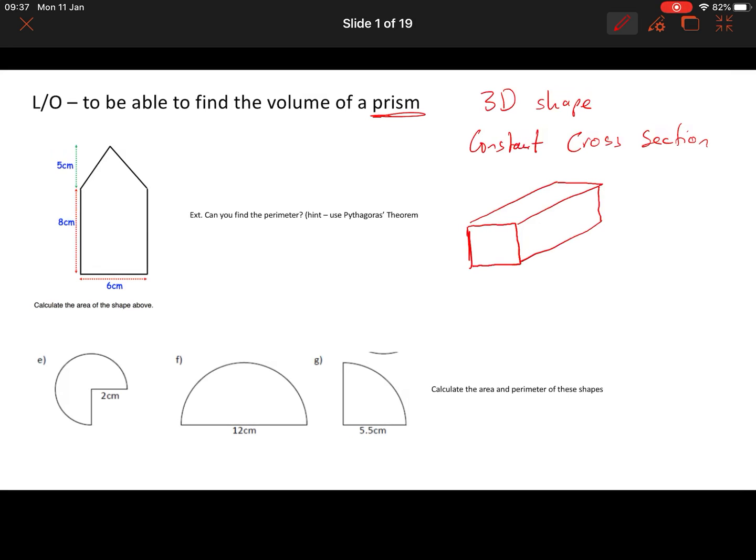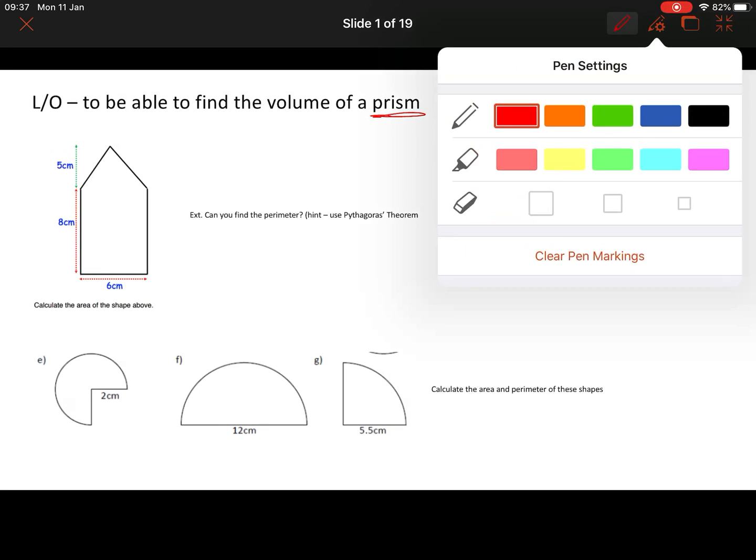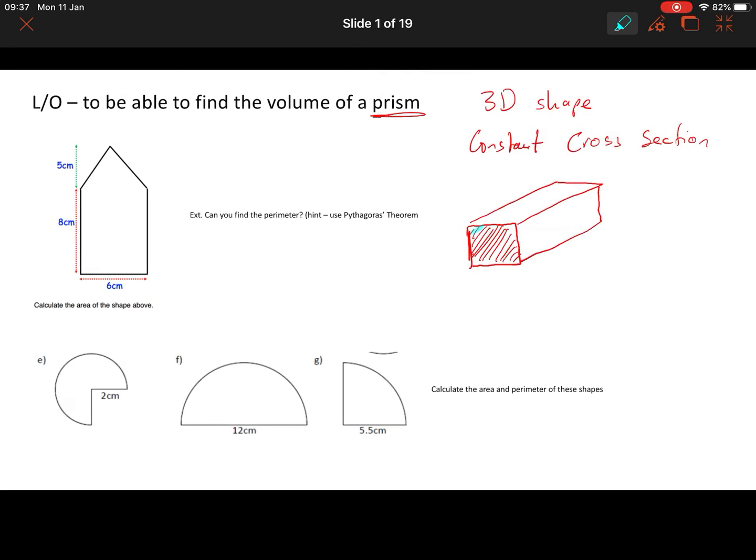Now, why is a cuboid a prism? Because it has a constant cross section. We could say that this squarey looking thing is the cross section. Now imagine this was a cake that you were looking at, and I got a knife and sliced it in half.